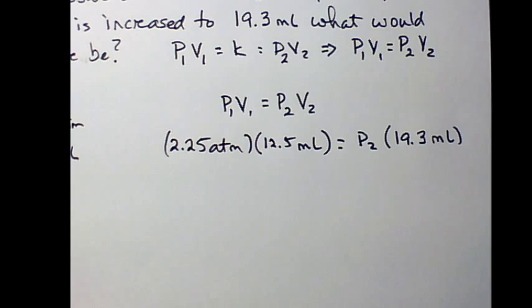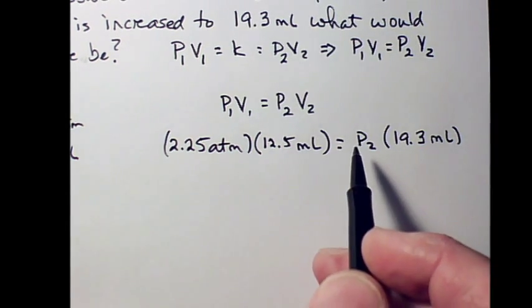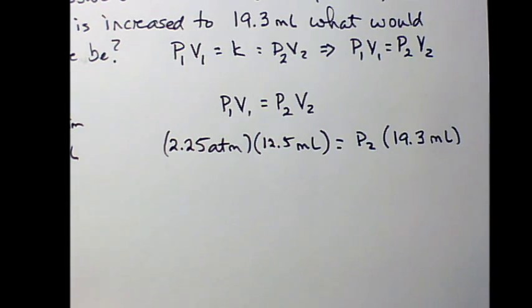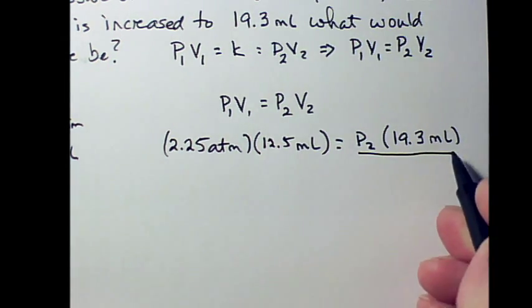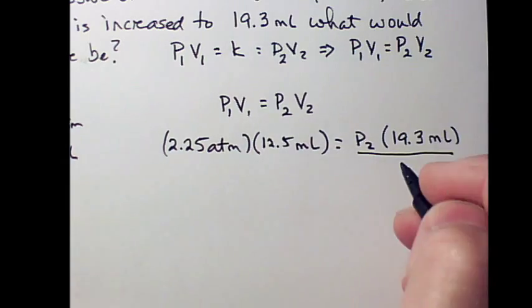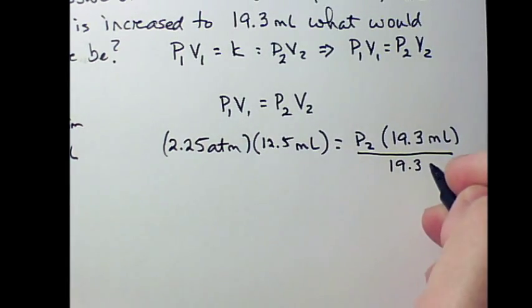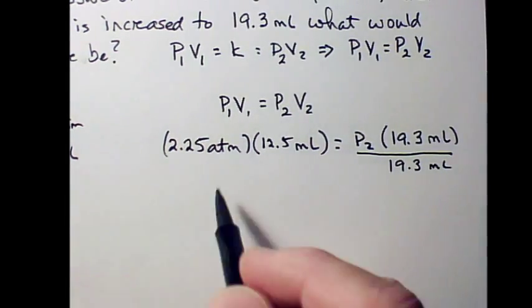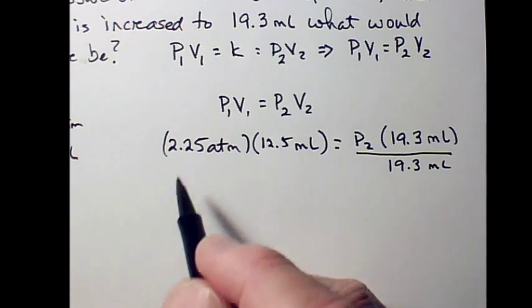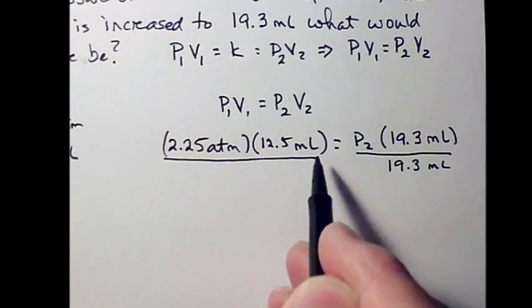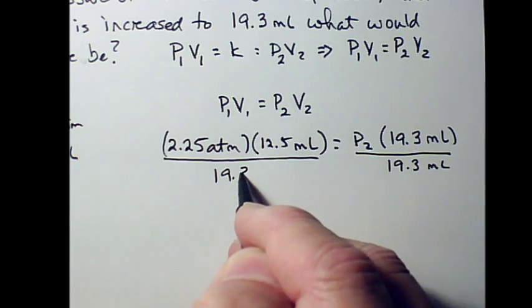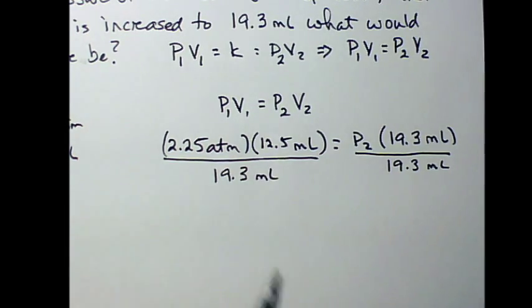So we need to isolate the unknown. That's our next step. How do we isolate P2? Get it all by itself. Divide now. There you go. What do we divide by? And if I divide this side by 19.3, I must divide the other side by the same thing. Now I can simplify a little bit.